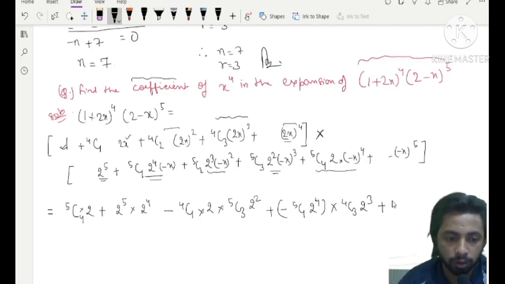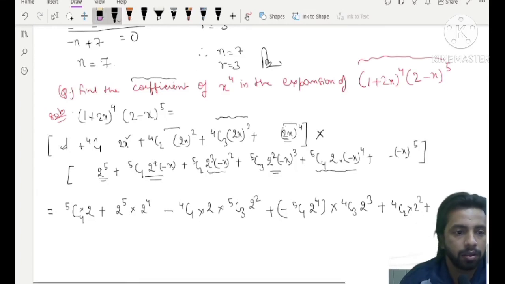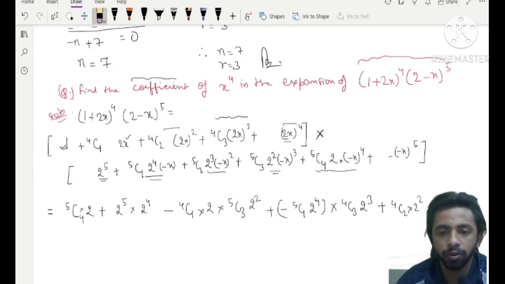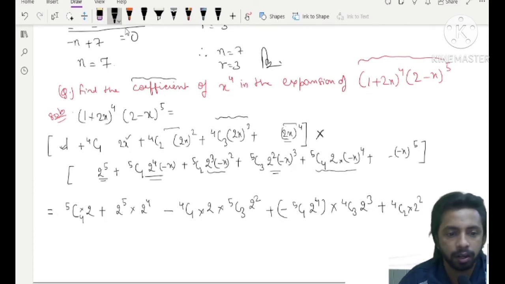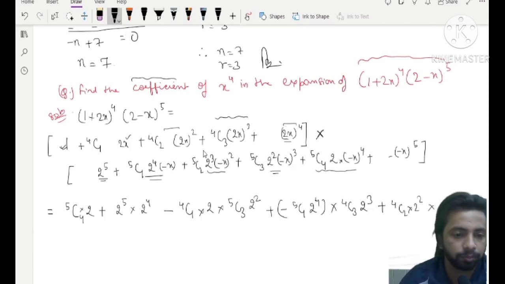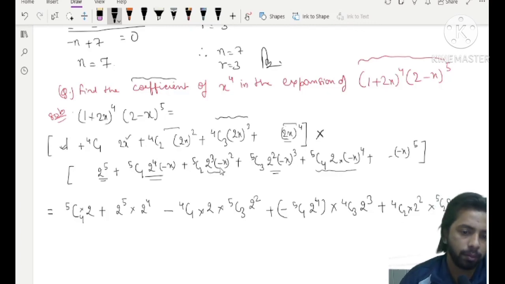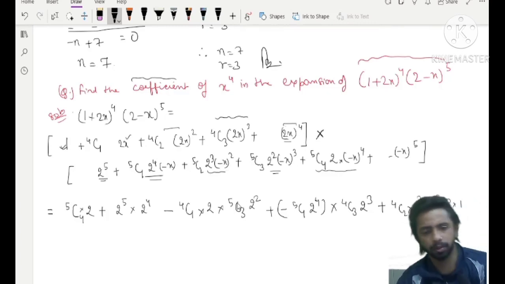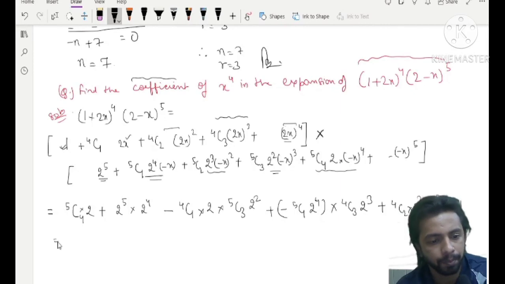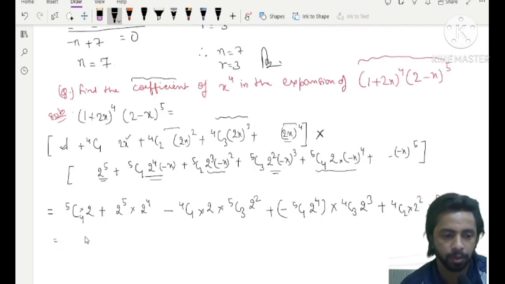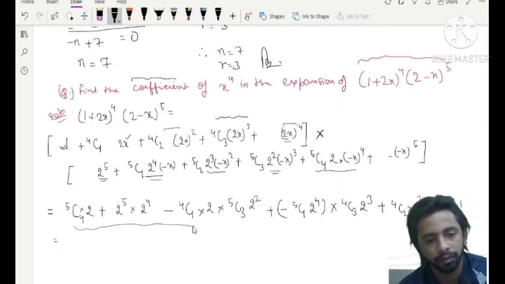So this is 4c2 into 2 square multiplied with 5c2 into 2 cube, that is 8 into 1. Minus x whole square will be positive number only. So this total thing we have to calculate.